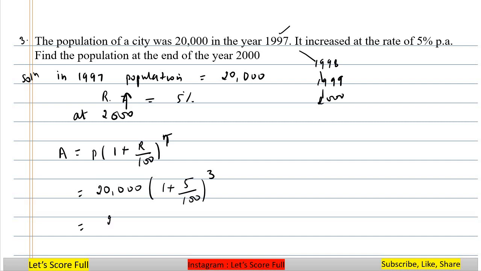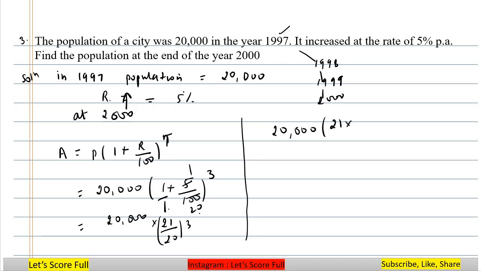So what can we do? 20,000, do the cutting, 1 plus 1 over 20, take LCM, so 20 plus 1, 21 by 20 raised to 3. Then just do the cutting.